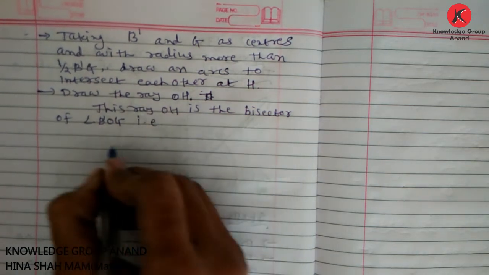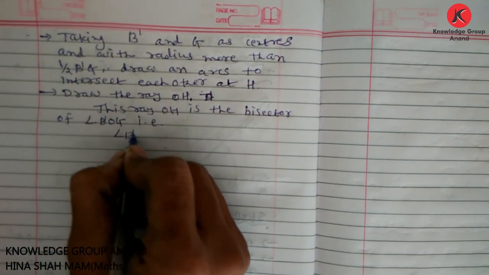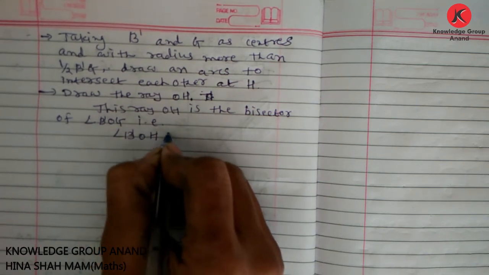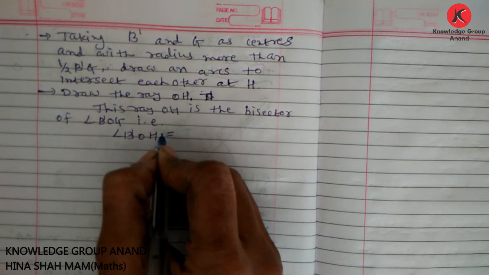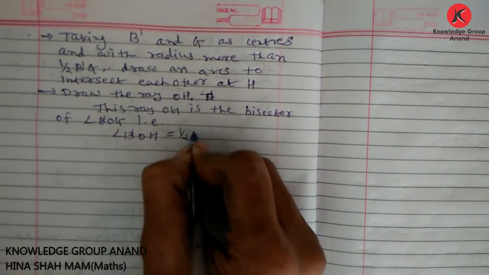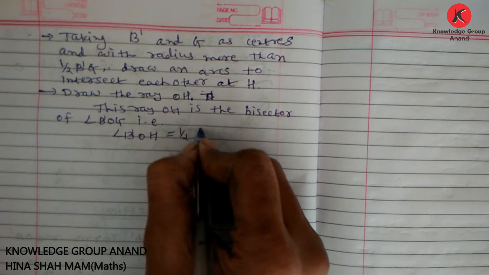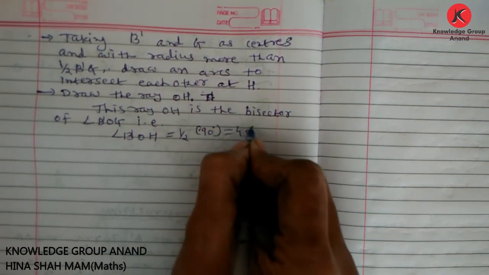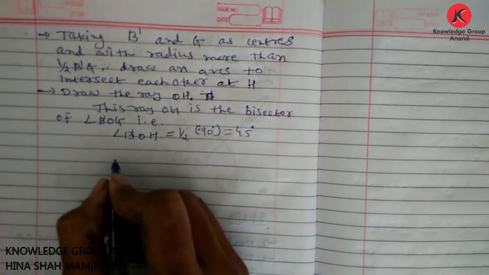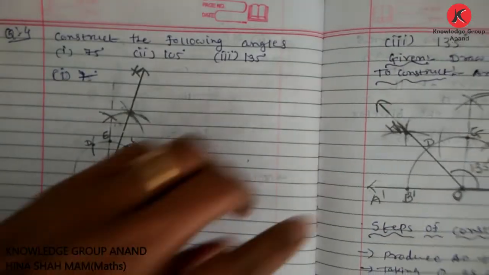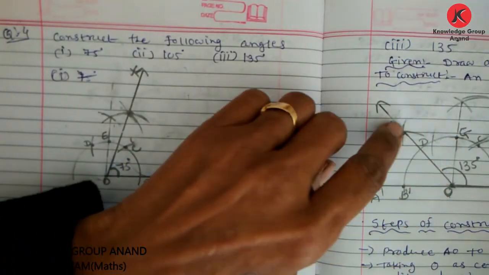That is, angle B dash OH is equal to 1/2 into 90 degrees, which is equal to 45 degrees. This angle is B dash OG.